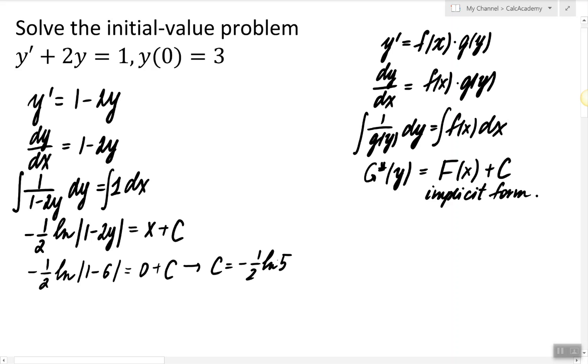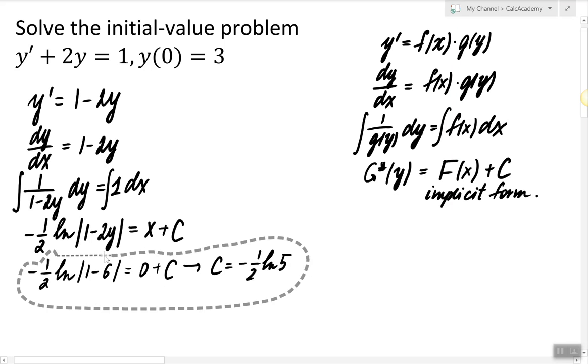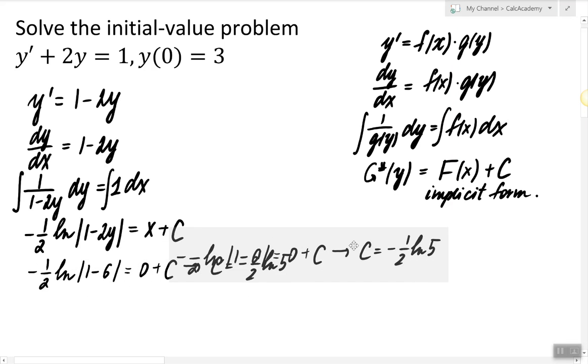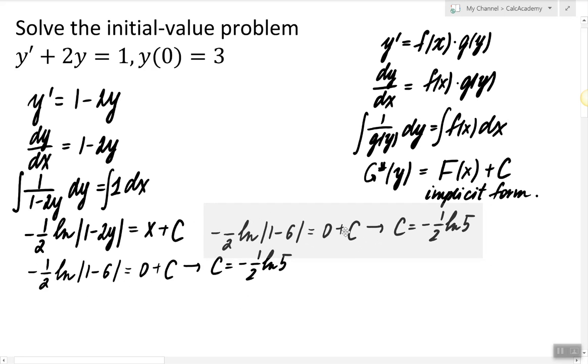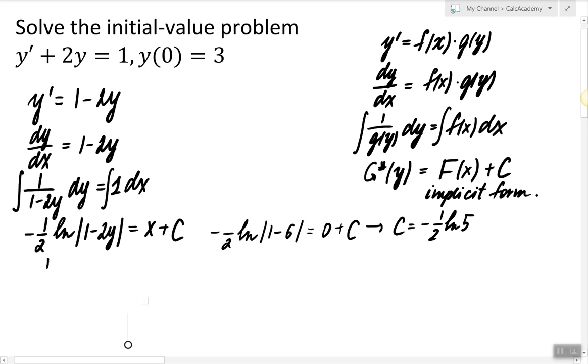So our solution to the given initial value problem is this: negative 1/2 ln absolute value of 1 minus 2y equals x minus 1/2 ln 5.